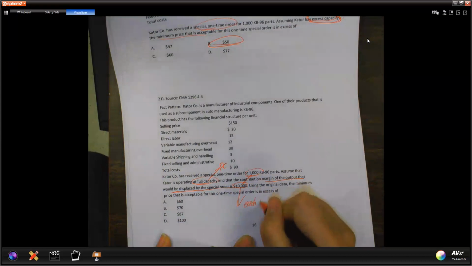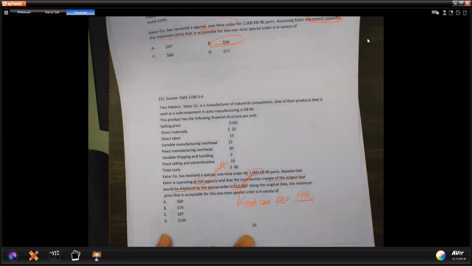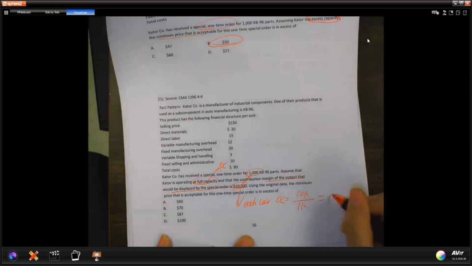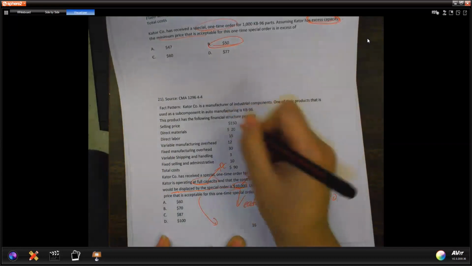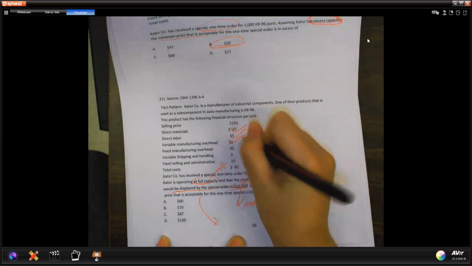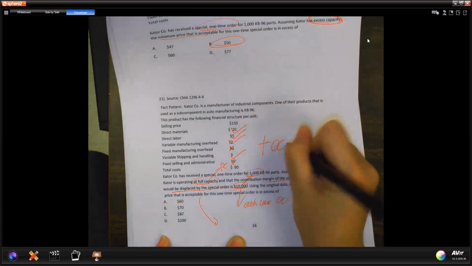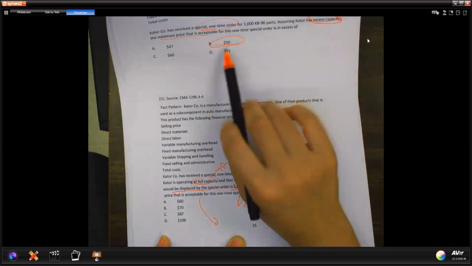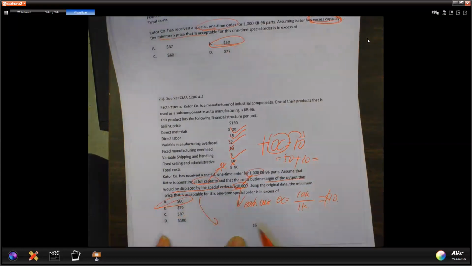Then for each unit, the opportunity cost will be the 10,000 total profit you are giving up divided by 1,000 units. So that gives you $10 each. And now your minimum price will be 20, 15, 12, 3, which is the old 50, remember? Plus the $10 opportunity cost gives you $60.